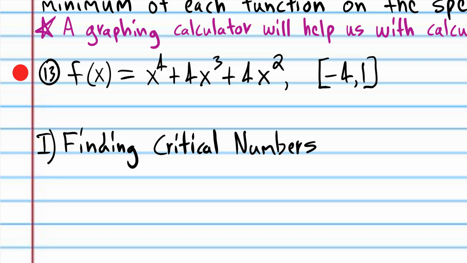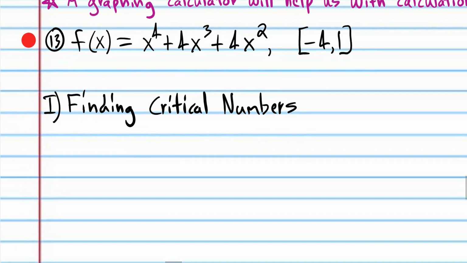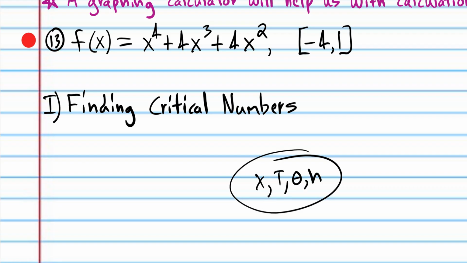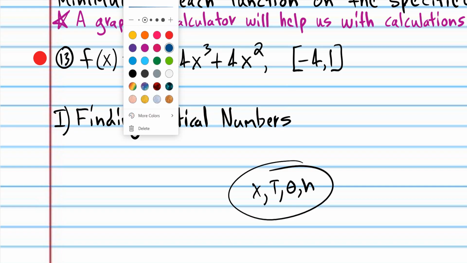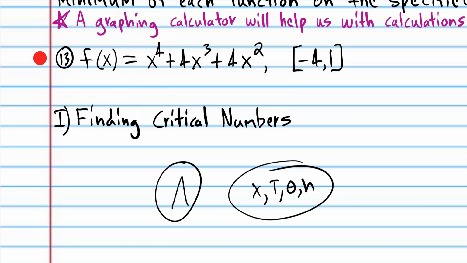And then I want you to push the X,T,theta,n button, and I want you to enter this expression in there, and use the upside down V button at the right to enter exponents.